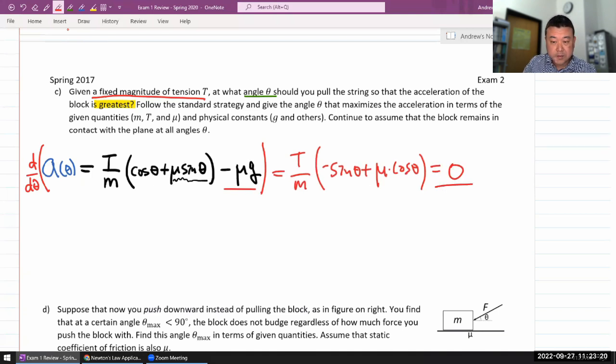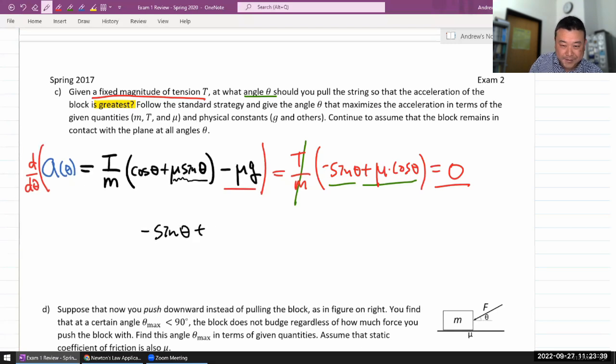Because we are setting this equal to 0, this makes some of the algebra easier. We can just cancel this out. Imagine multiplying both sides by m over T. That cancels that out. So I just have to worry about this adding up to 0. Let me write it down: minus sine theta plus mu cosine theta is equal to 0.